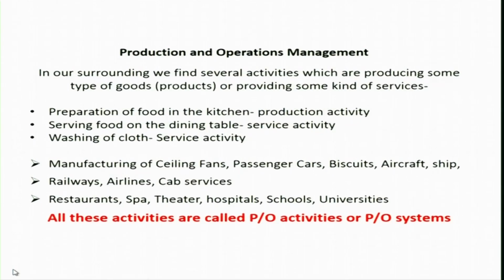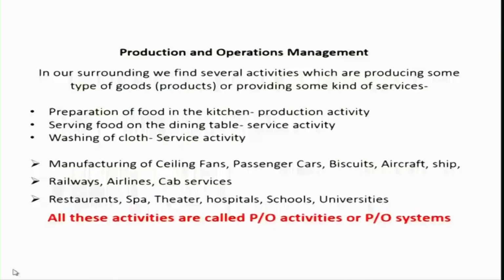Similarly, in the manufacturing sector, from the corporate sector, we can see that manufacturing of ceiling fans, passenger cars, biscuits, aircraft, ships, etc., are examples of the manufacturing sector. Similarly, we find railways which provide transportation, airlines, cab services, hotel industry, hospital industry, they are all service sectors.